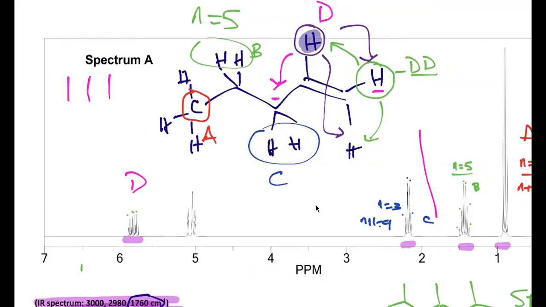But then that triplet is going to be split into doublets. Each line in the triplet is going to be split into a doublet because of this hydrogen right here. So you're going to have a doublet here, and then a doublet here. And then each one of those doublets is going to be split into a doublet, like so.